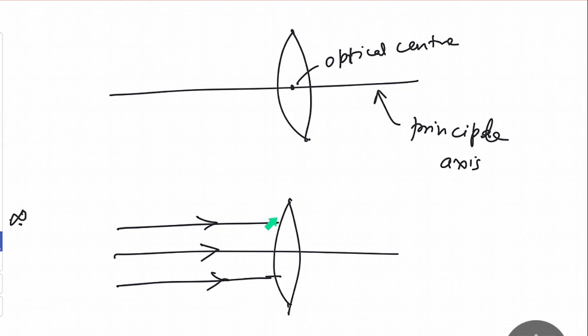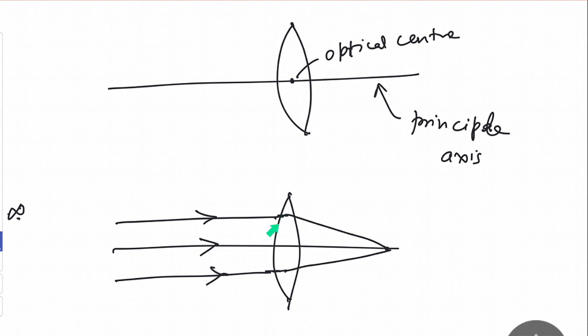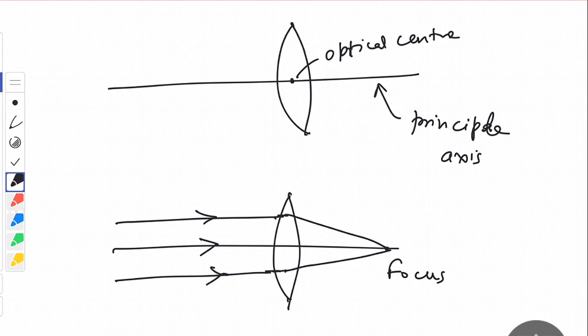It will bend twice. But normally when drawing, just for simplicity, we will show it coming to the middle and then bending here. But the point is, parallel rays, they will all meet at a point, and this point is called the focus. This is called focus. And this distance is called focal length.